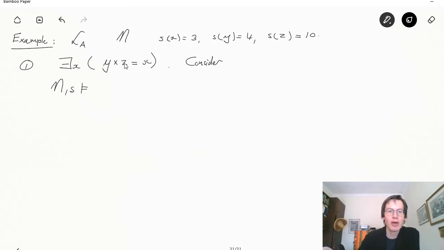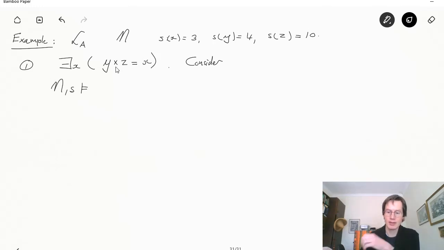Now, this S prime will be an x variant, so what it does to y and z would be exactly the same as what S does to them. S sends y to 4, and it sends z to 10. So the value here would be 40. So I need to find an x that is equal to 40.